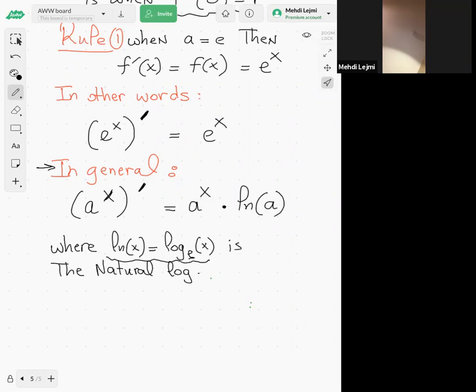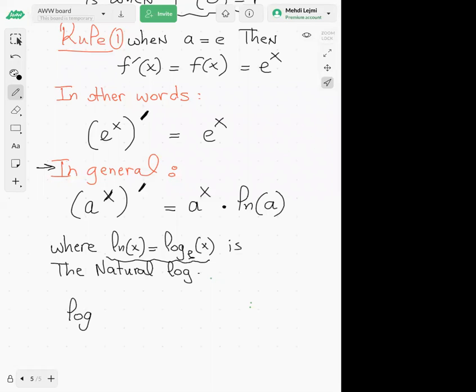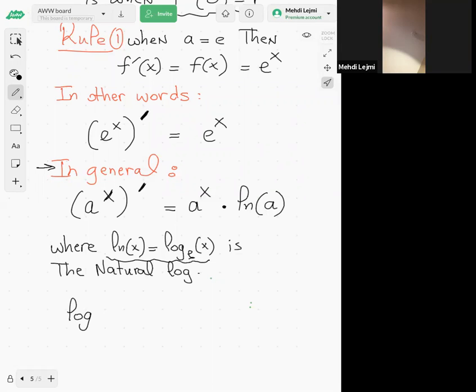So what I'm saying here is that, in general, I will define it next time, but when you have a log, you have a base, right? You say log in base a of x, right?